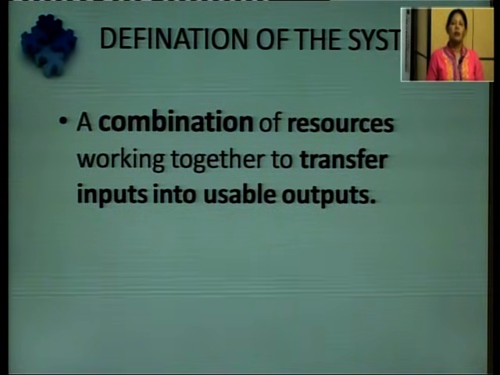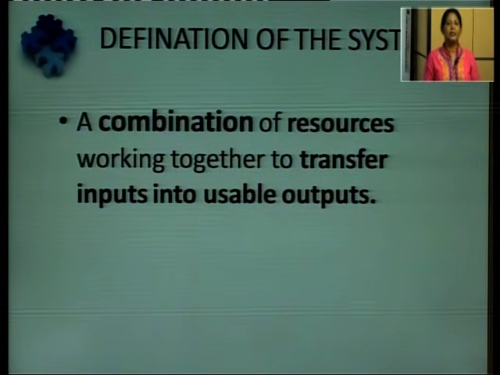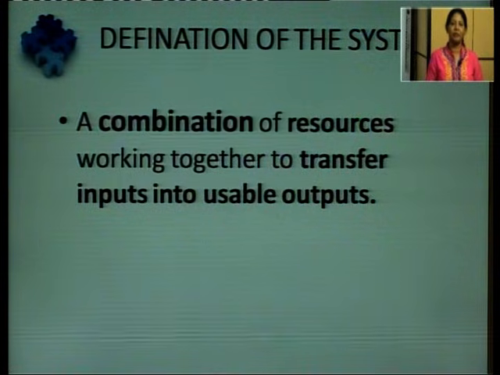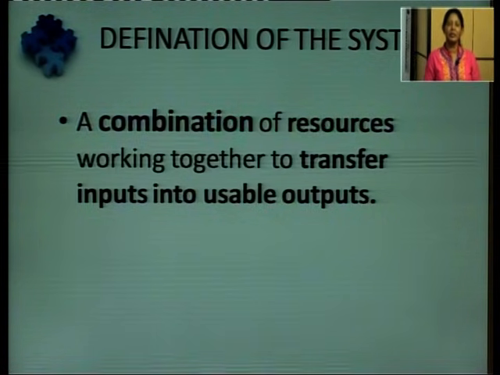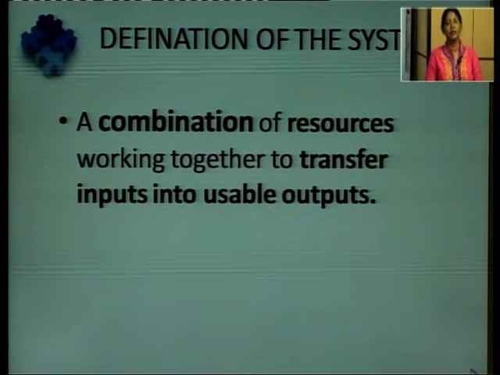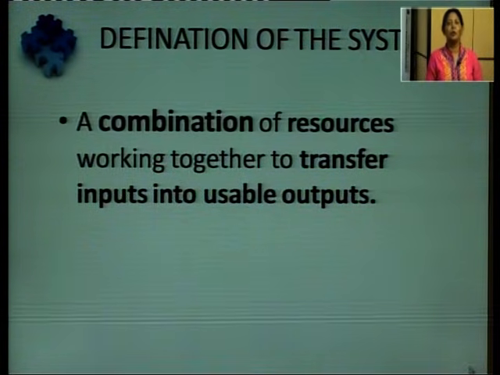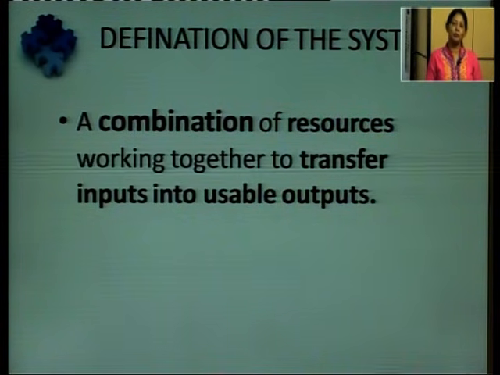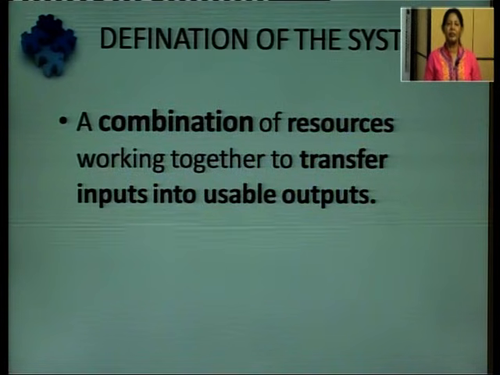Or one more definition: a system is a combination of resources that work together to transform inputs into usable outputs. So these are the definitions.